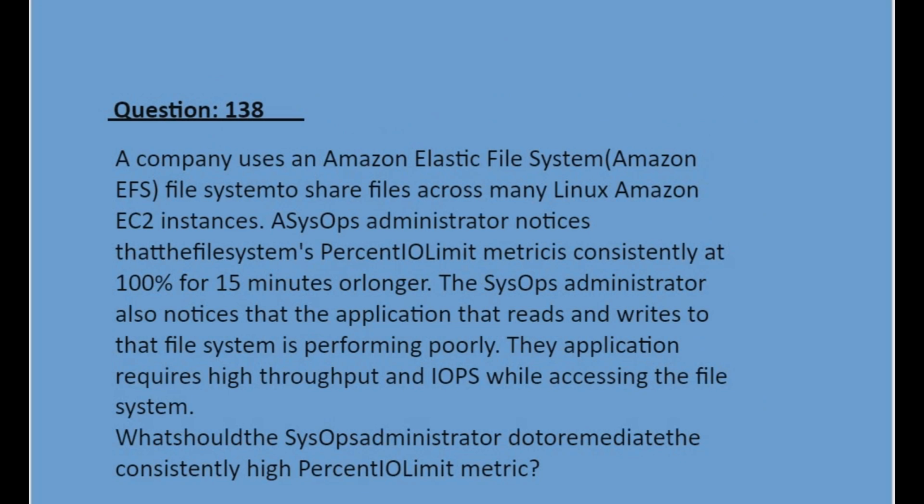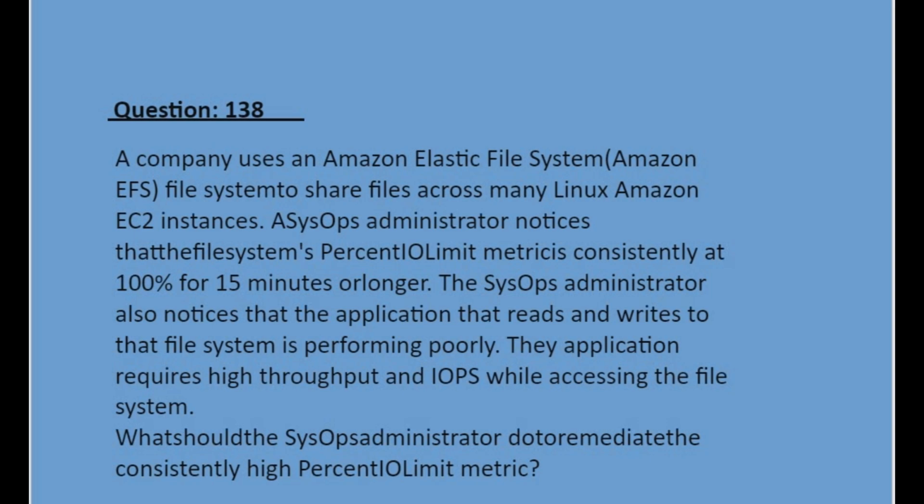Question is, a company uses an Amazon Elastic File System (Amazon EFS) file system to share files across many Linux Amazon EC2 instances. A SysOps administrator notices that the file system's %IO limit metric is consistently at 100% for 15 minutes or longer.